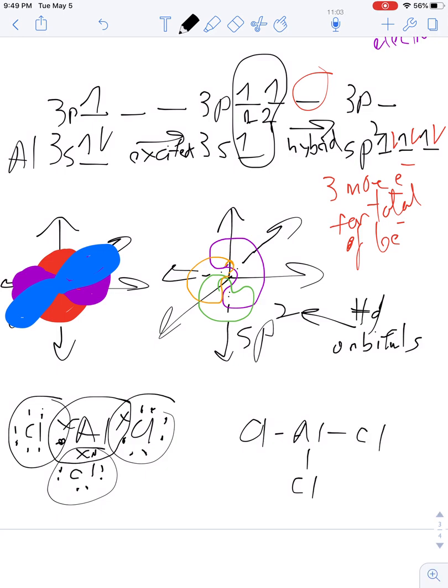All right, let's do 2 more examples. Let's do methane. So carbon is 1s2, 2s2, 2p2. It looks like everybody's paired up.